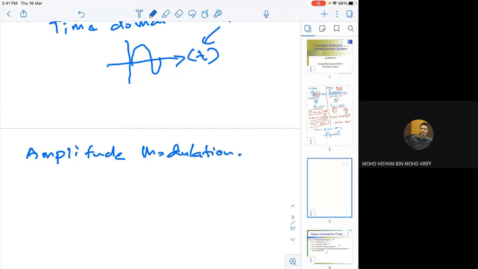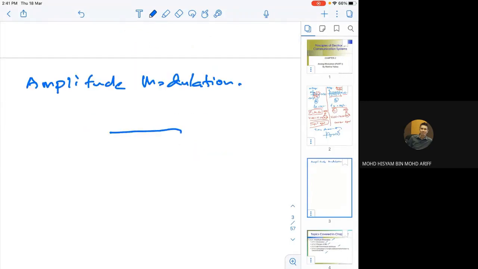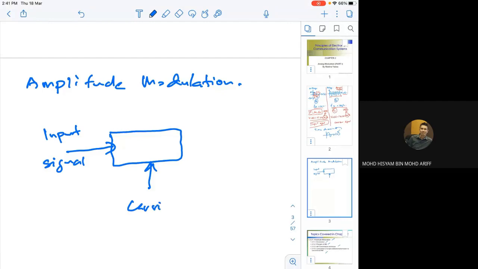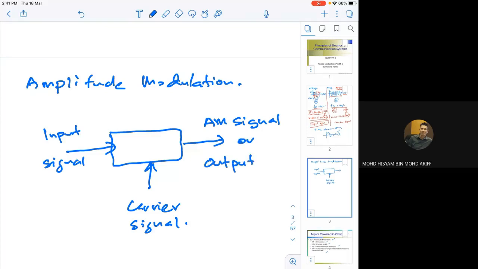In amplitude modulation, we actually have an input signal, and then a carrier signal, and here is the AM signal, or output signal. So what is in the middle?